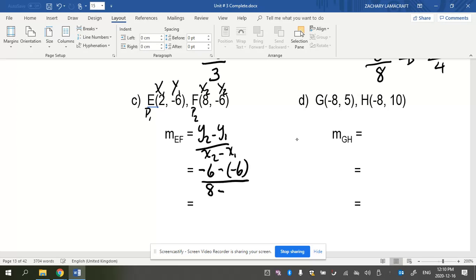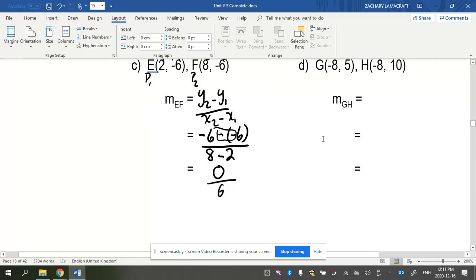And then subtract x1, which is 2. So in this case, once again, we have those two negatives, so it becomes addition. And it would be 0. So -6 plus 6 is 0 over 6. If we did that on our calculator, we'd come up with the answer of 0.